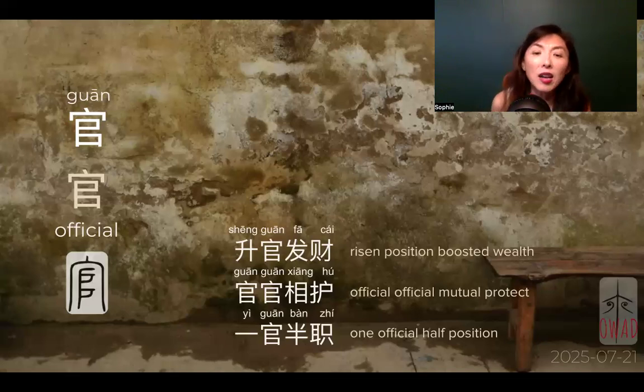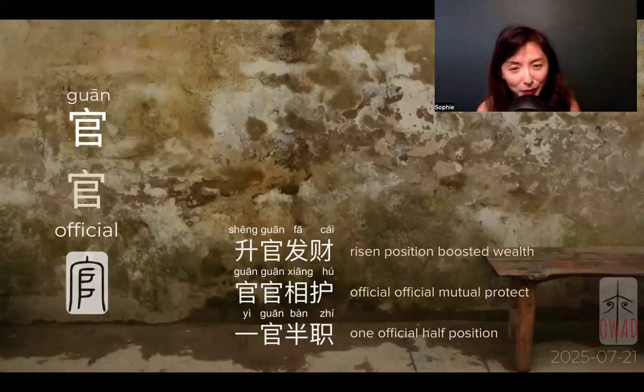All right. 升官发财. Okay. In Chinese, there are two distinctive career paths, and we use those two paths as a well-wishing to people. We wish them to rise in rank, a raised position in the government system, and boosted wealth.